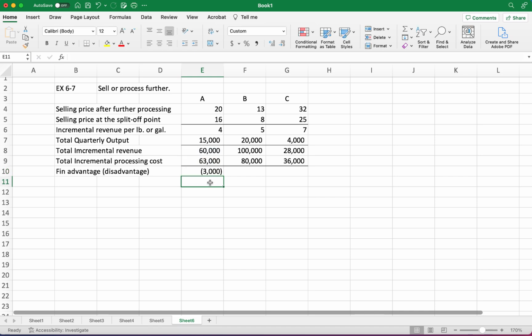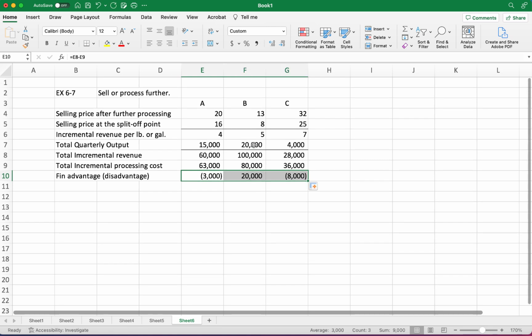We get a negative 3,000. All I'm doing is clicking and dragging down to make sure that we get the same calculation for B, meaning it's going to take the $100,000 of total incremental revenue for product B and subtract out the total incremental processing costs for product B, which is 80,000. So that, my friends, is your answer to number 1.